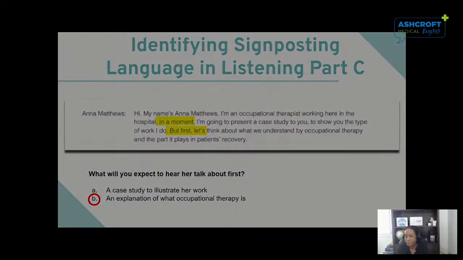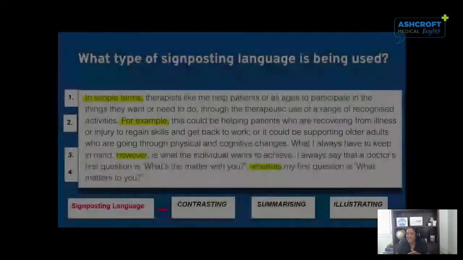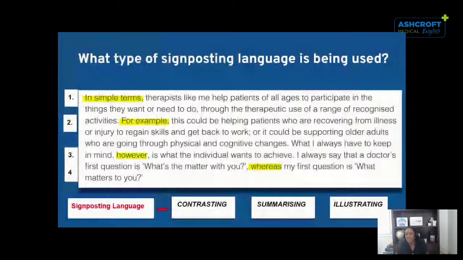Moving on then. Okay, now let's have a little bit more practice identifying signposting language that's used in OET listening part C. Okay, so this section here is what Anna goes on to talk about.